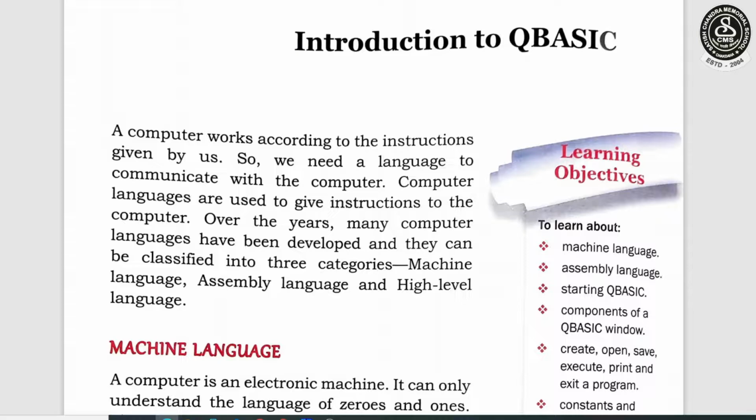It does not understand any kind of assembly language or any kind of high level language. So giving instructions in zeros and ones, it is difficult for us to remember all the things. So what we do, we use assembly language or high level language, because these instructions will be easy to understand by a user. That's why we use this kind of languages.